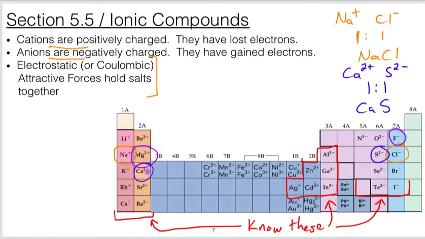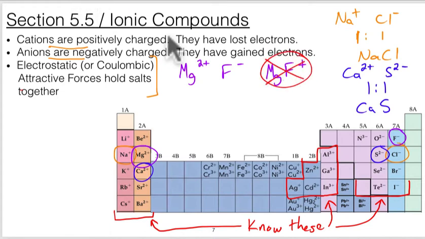There are other examples that take a little more work. Let's say magnesium fluoride. If I brought these together in a 1-to-1 ratio, the positive charge would not be completely canceled out. Nature just doesn't do this.